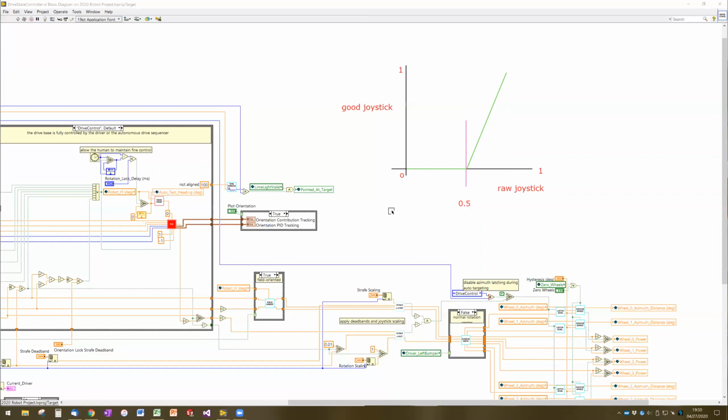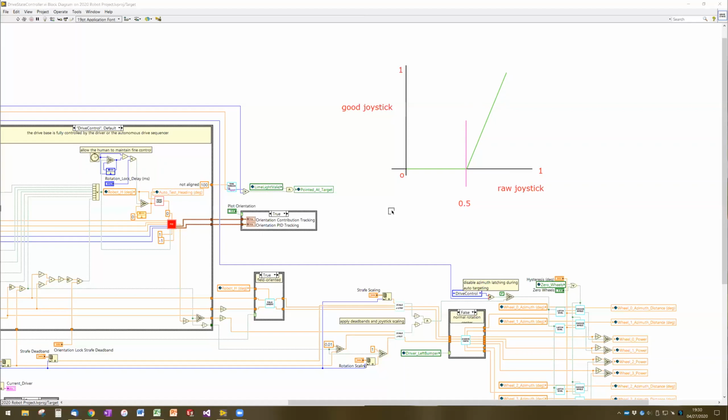Instead, unfortunately, the programmers have to go over to the driver and tell them that that's not possible. Instead, what they can say is, well, I can't give you really high control everywhere, but I can give you really good control in some regions, at the cost of reducing your control in other regions.